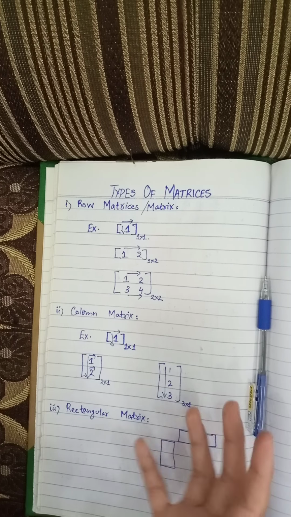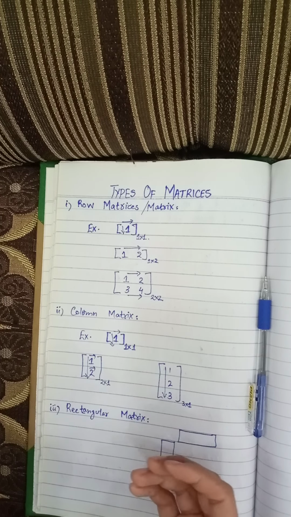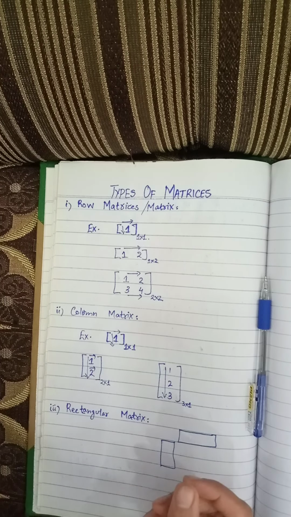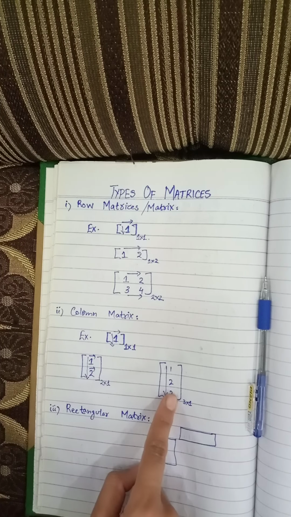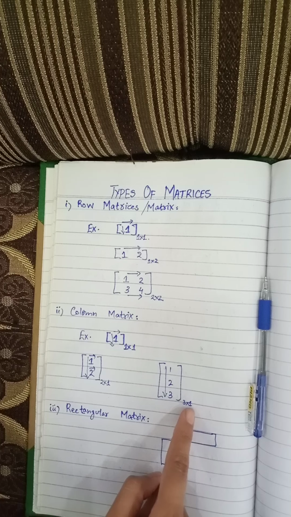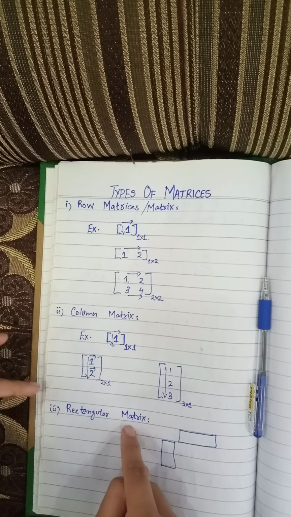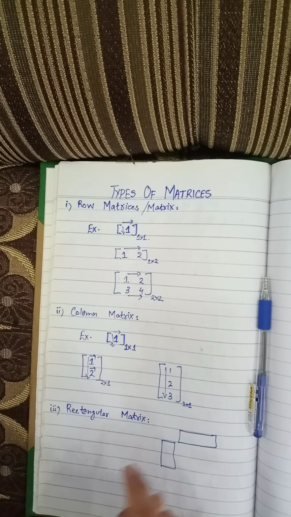This is just for convenience. For the definition, you have to keep in your mind that if the number of rows and number of columns in any matrix are not the same, then that would be a rectangular matrix.